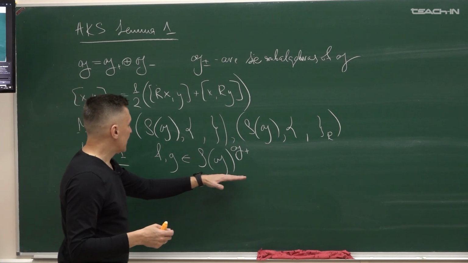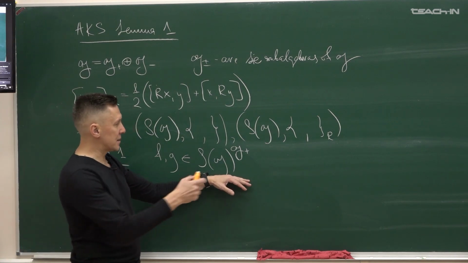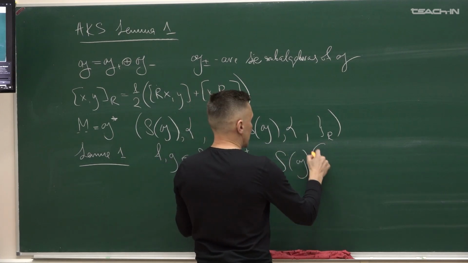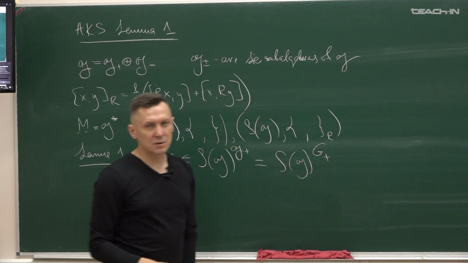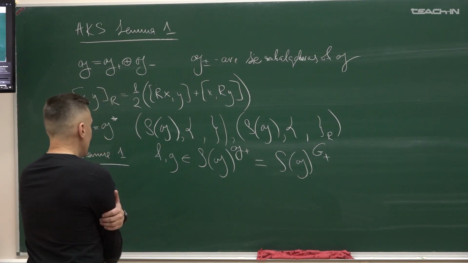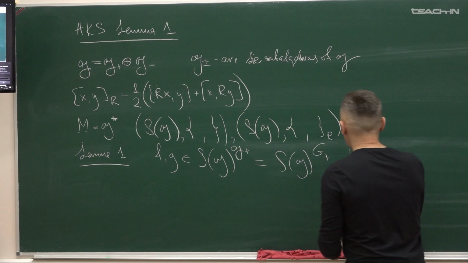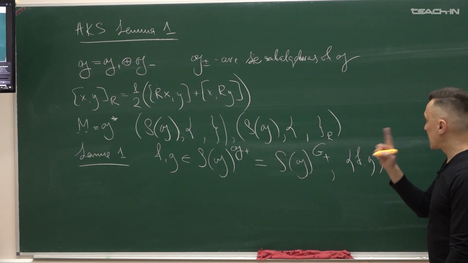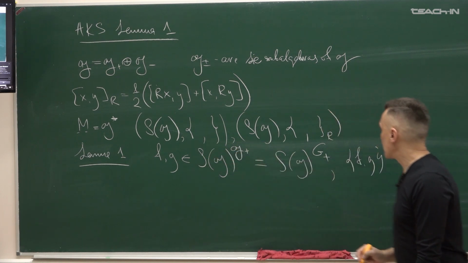So it's the same as S of G invariance with respect to the Lie group action of G plus. And moreover, they Poisson commute with respect to the initial Poisson structure.